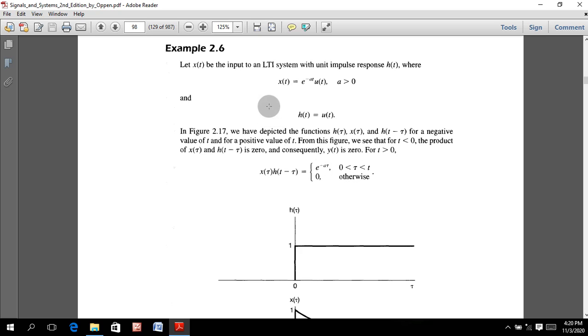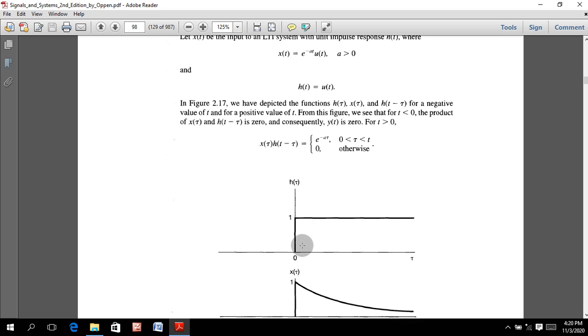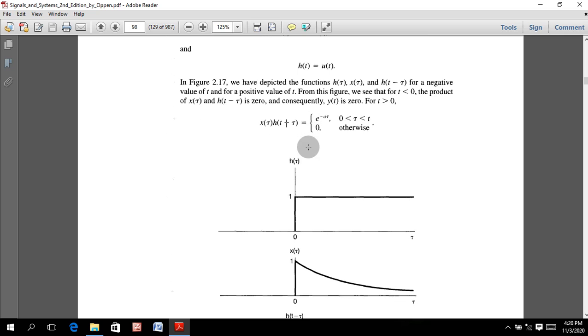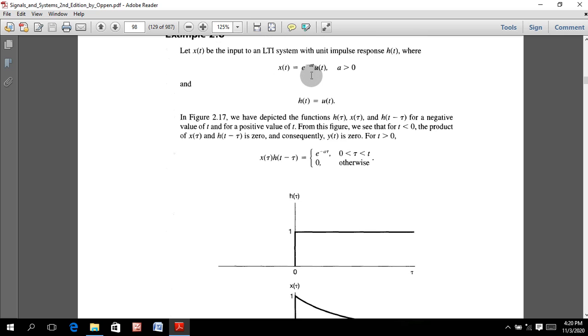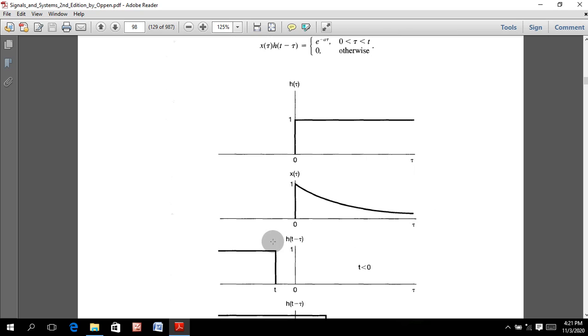The graphical representation of h tau is a step function, and the input signal is an exponential signal, but a decaying exponential. We take the same steps.